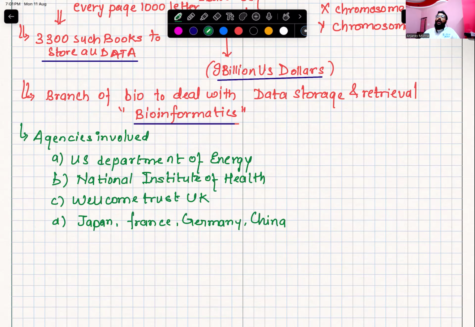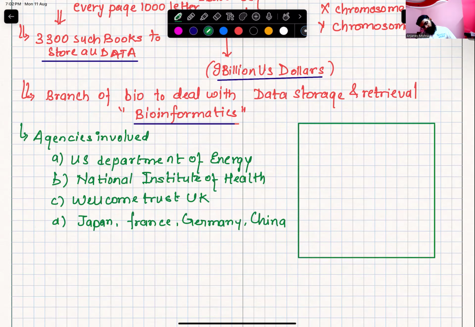A project that involves use of 3,300 books, if hypothetically we are storing the data in books, formation of a new branch to deal with it, and the US Department of Energy, National Institute of Health, Wellcome Trust of United Kingdom, Japan, France, Germany, and China. So all this together makes up the Human Genome Project. Is that clear?